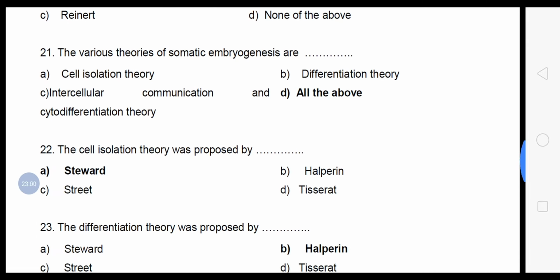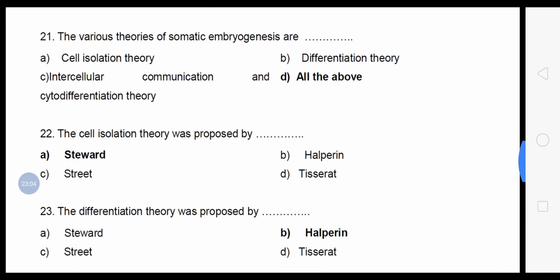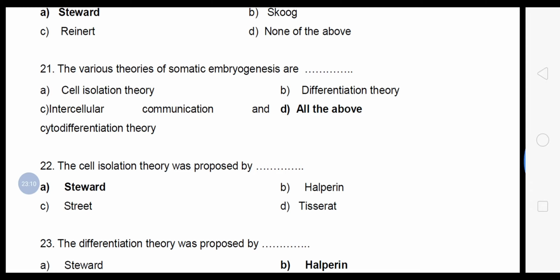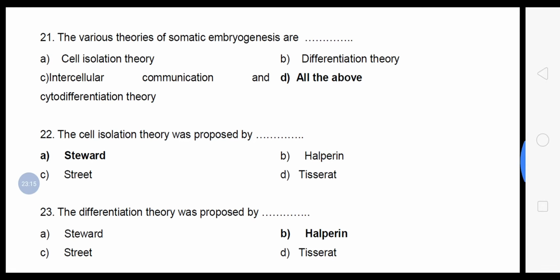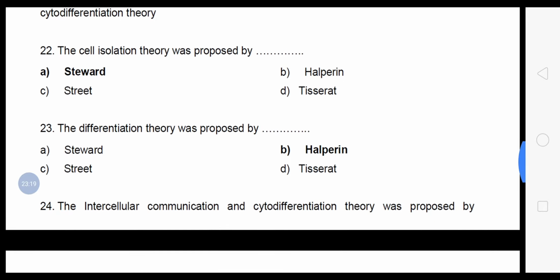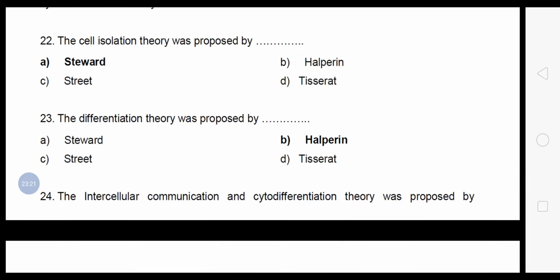Various theories of somatic embryogenesis are cell isolation theory, differentiation theory, intercellular communication and cytodifferentiation theory. Cell isolation theory was proposed by Steward.